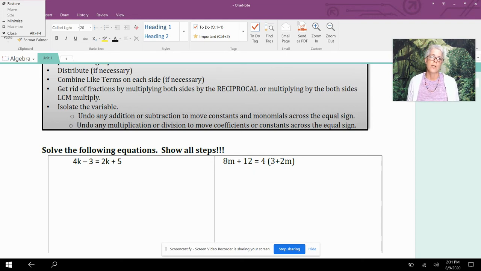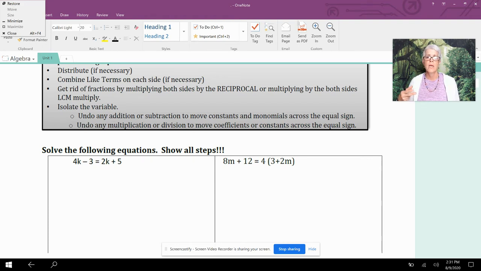First off, I want to remind you that the rules are pretty much the same. If you see distribution, you'll do that first. If there's like terms on the same side of the equal sign, we want to combine those first. We want to get rid of fractions. But we're going to have the new thing now, and that is that there's going to be a variable on both sides and a number on both sides.